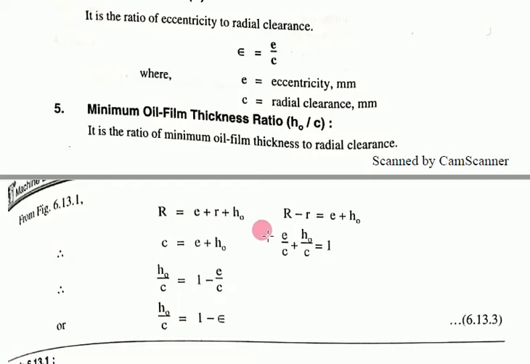Okay, so basically if we take small r this side, then R minus r is equal to e plus h0. So here C is equal to e plus h0, and then dividing by C, e by C plus h0 by C is equal to 1. So here h0 by C is the minimum oil film thickness ratio, and we have seen this value h0 by C in the Petrov equation, right?